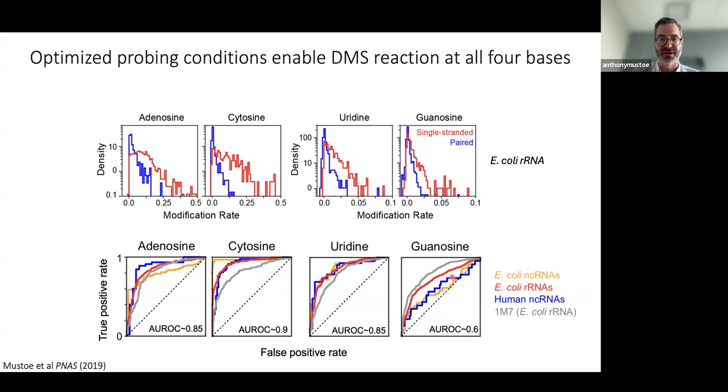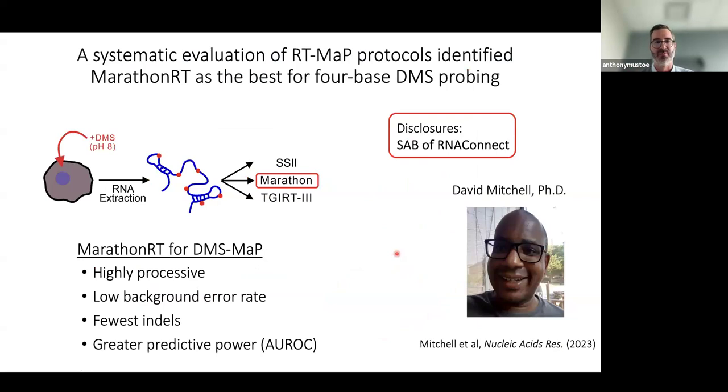And so when I started my lab, I wanted to revisit this experiment and try to optimize it. We did a systematic evaluation of the various RT protocols that were published at the time. I'm not going to go through the data, but you can read about it in this paper that was work led by David Mitchell.